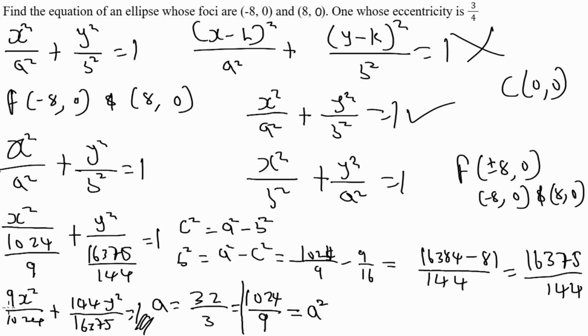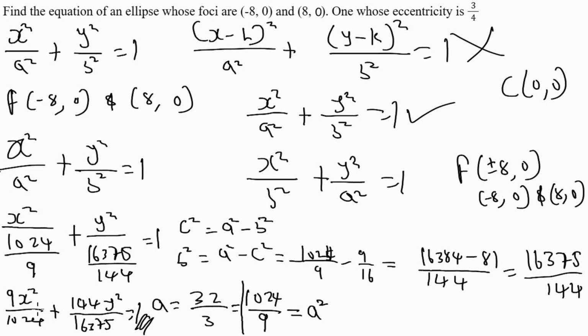Guys, I have to pause the video and look at the solution very well. Yeah, I realized that when I divide 1024 by 9, okay, I got 0.008.